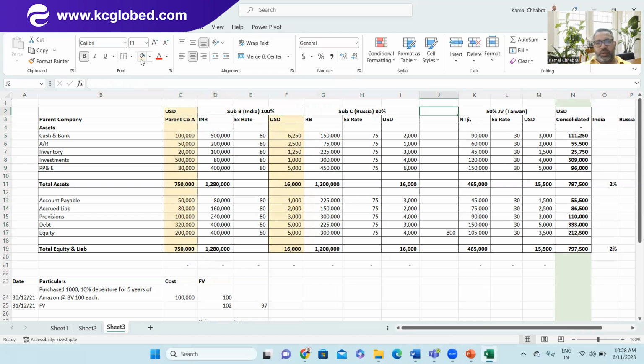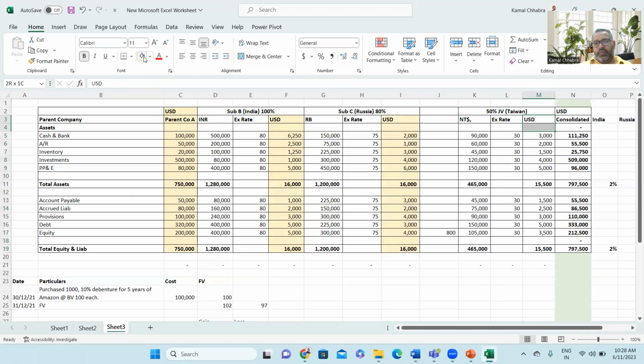This is your subsidiary where you hold 80%. And this is your JV where you hold 50%.